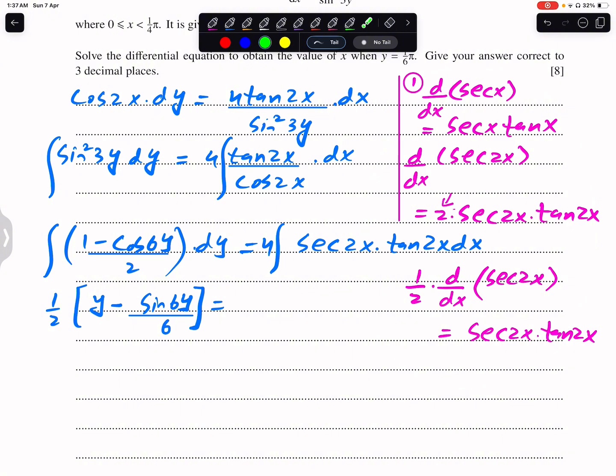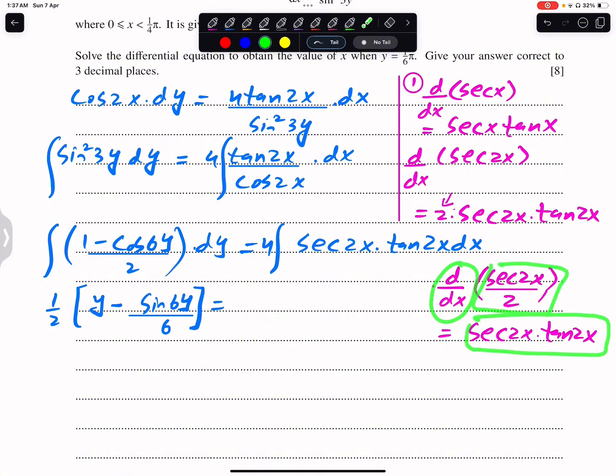If you look at this expression now, you can also bring this 1 over 2 inside the bracket, because derivative and integral do not affect constants. Now interestingly, you can see that the derivative of this expression is this.